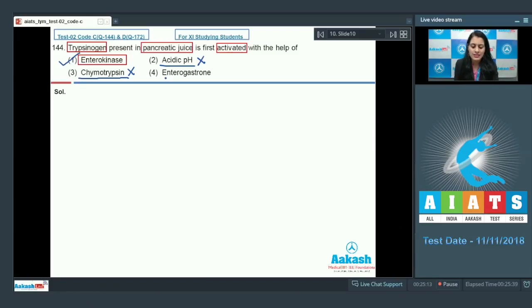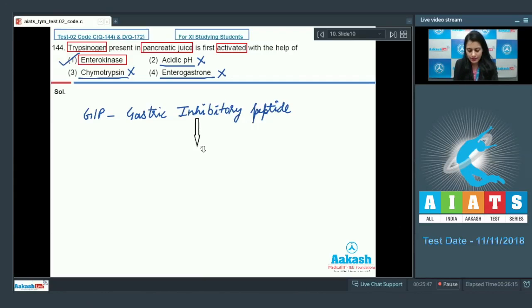The fourth option given is enterogastrone, and this is an incorrect option because enterogastrone, which is also known as GIP or gastric inhibitory peptide, inhibits gastric secretions and motility.